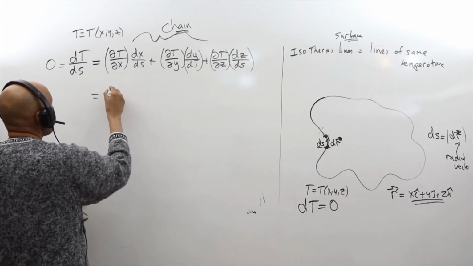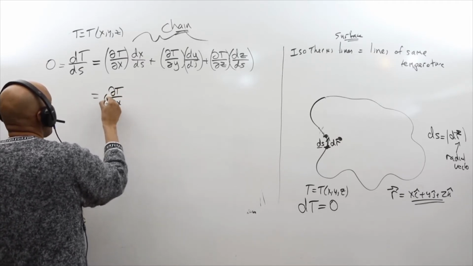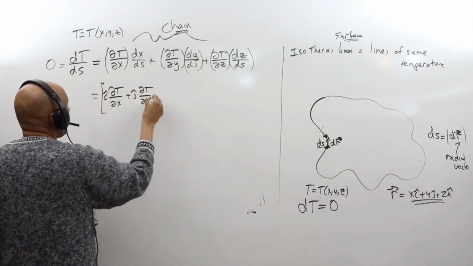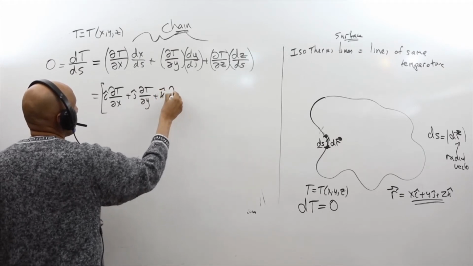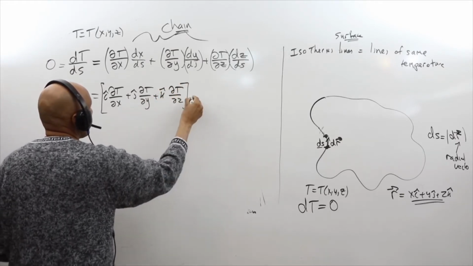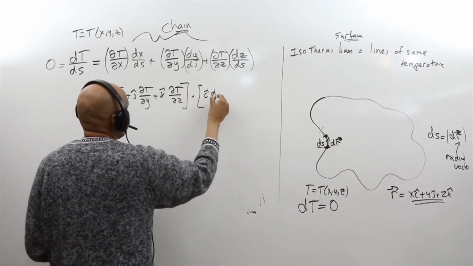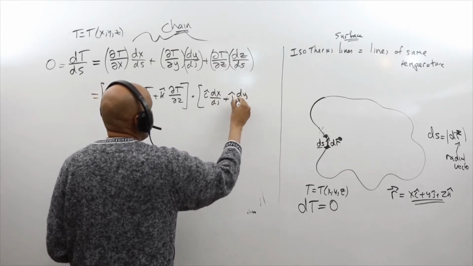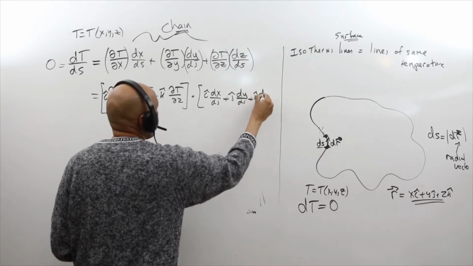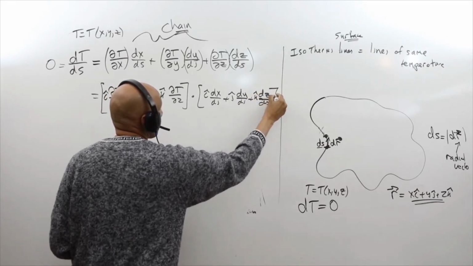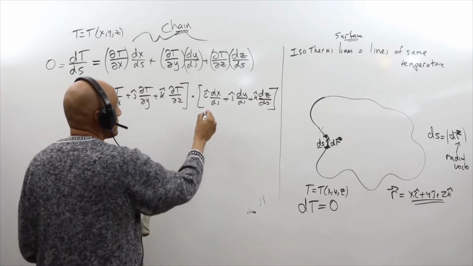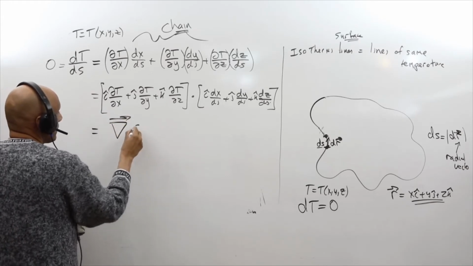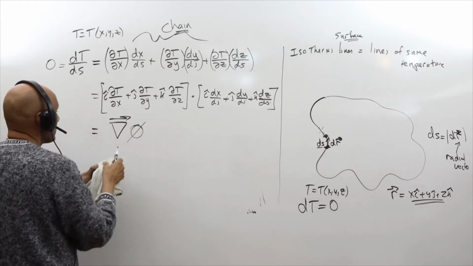It actually looks like the i vector partial T with respect to x, the j vector partial T with respect to y, plus the k vector partial T with respect to z, dotted with i dx/ds plus j dy/ds plus k dz/ds. And if you think about this, this is actually the gradient of the scalar function, or in this case temperature, so I'll use T.